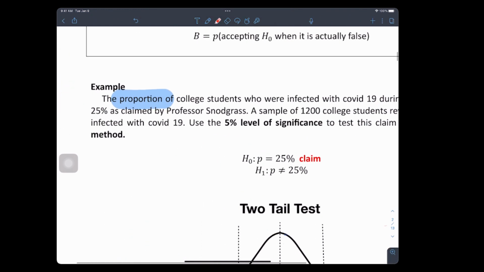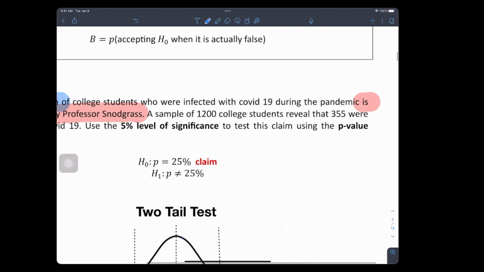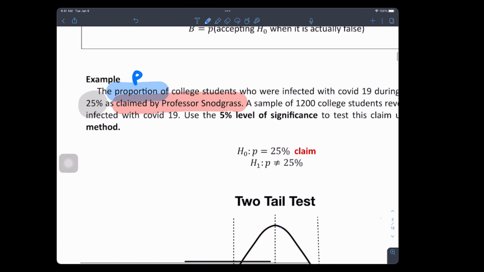As claimed by who? Good old Snodgrass, okay? You guys okay with that? So the proportion is what parameter? That's P. The word is, we know, equals. Is that right? So the claim here is P equals 25%.